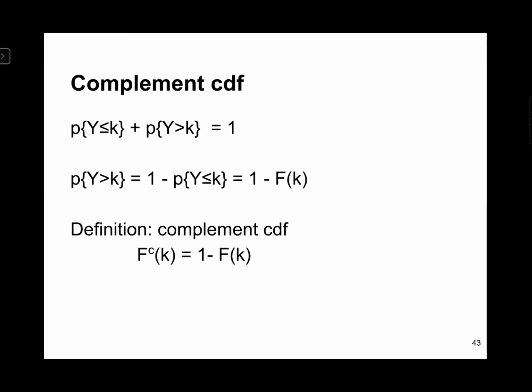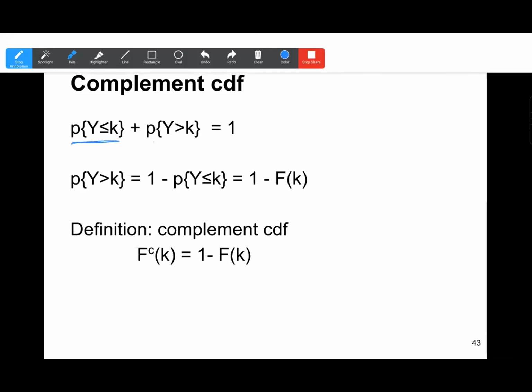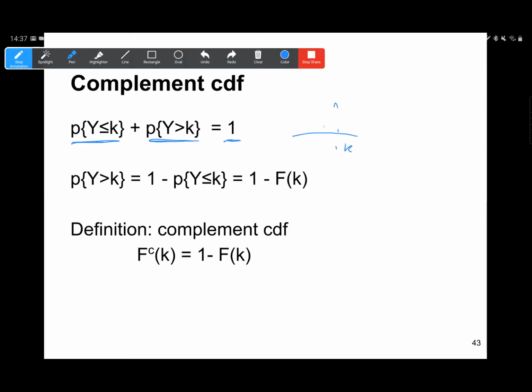Take any number k, and the sum of the two probabilities of being at most k and being larger than k is equal to 1, because you're either smaller than k or larger than k. If you solve this equation for the probability of y being larger than k, then you get that this probability is 1 minus this probability. So this is really 1 minus the CDF.